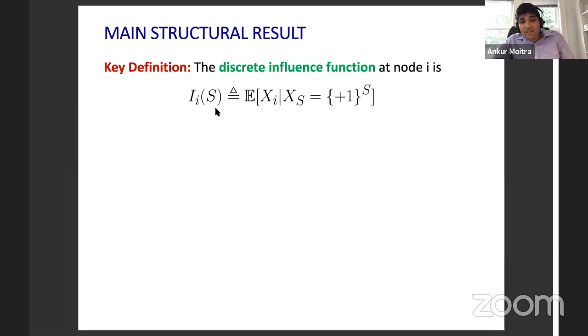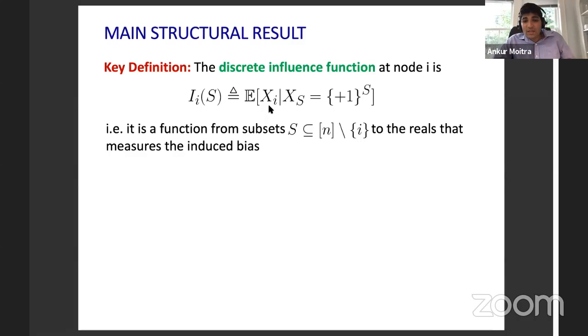The discrete influence function takes as an argument a choice of which nodes in S you fix, so it takes a set S. Then you pin all of those nodes to being +1, and you look at the conditional expectation of the ith variable. This is a real valued function on sets, and it's called the discrete influence function.